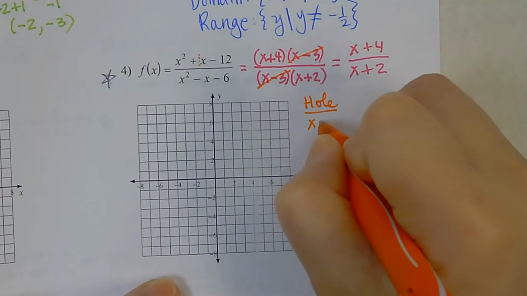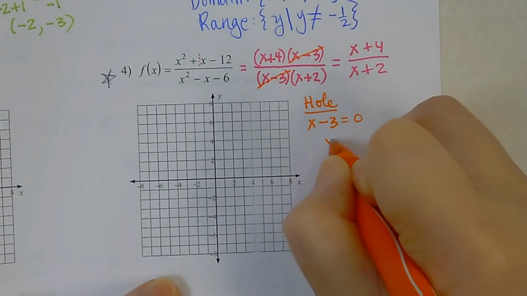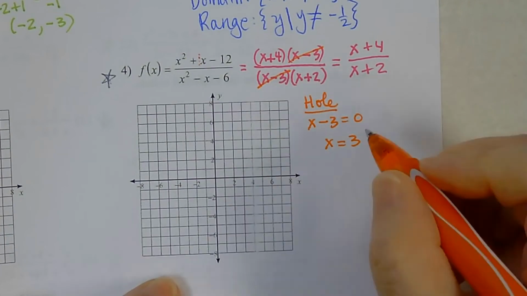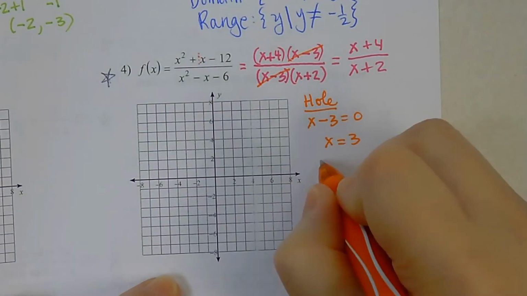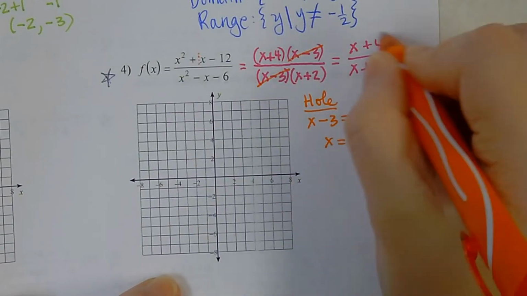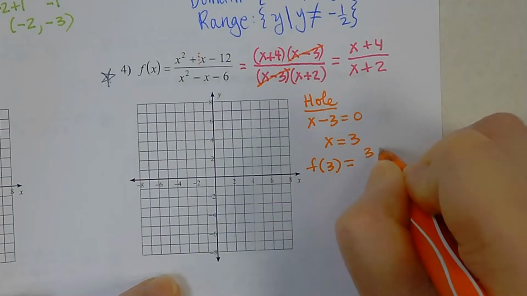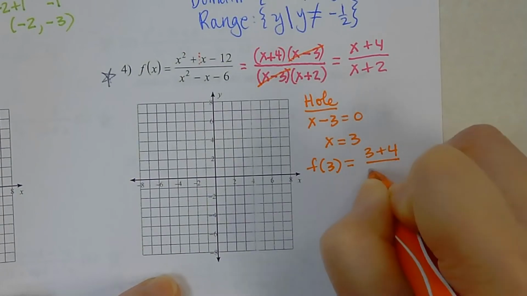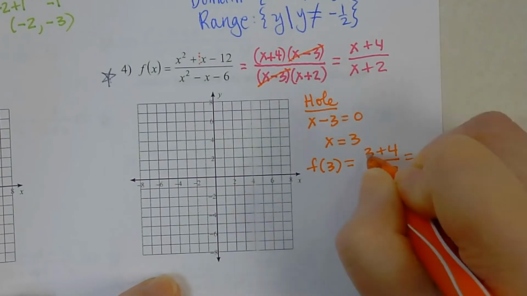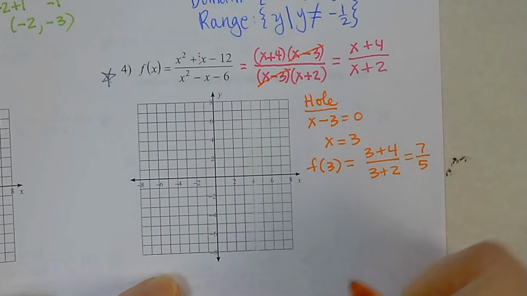I know we have one in x minus 3 is equal to 0, which means x is equal to 3. And then we're going to plug that into the simplified version. So f of 3 is equal to 3 plus 4 over 3 plus 2, which is equal to 7 over 5.